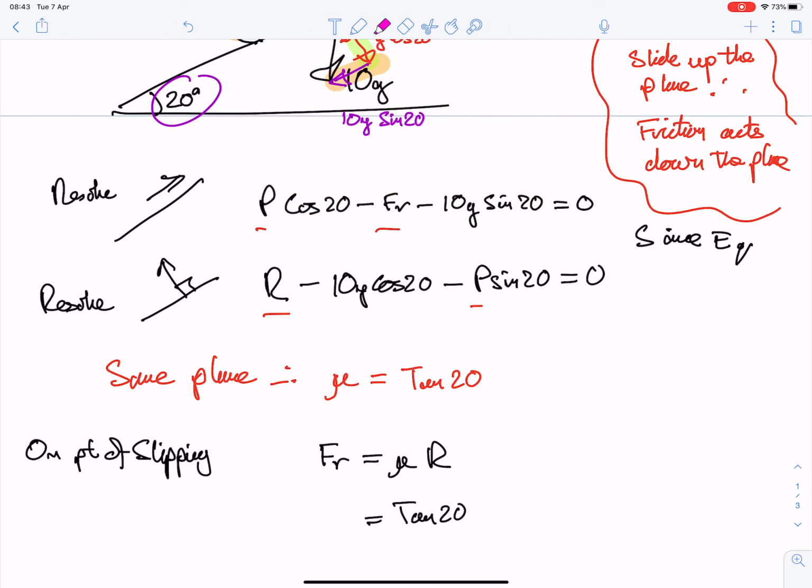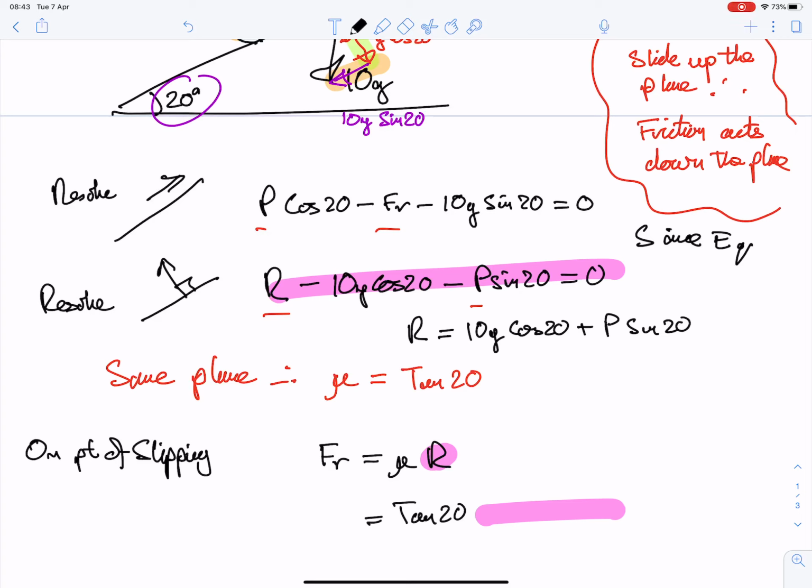R can come from here, can't it? So let's rearrange this. R is equal to 10g cos of 20 plus P sine of 20. So this is 10g cos of 20 plus P sine of 20. Don't forget the brackets because it's all multiplied by mu.